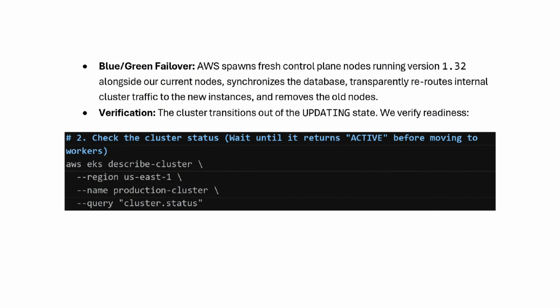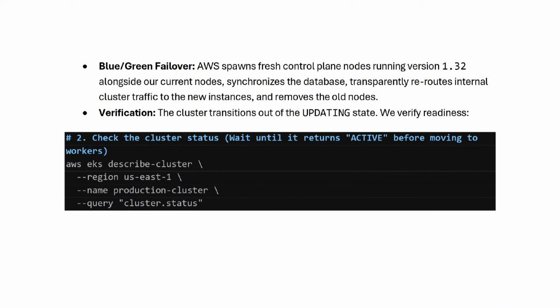Then it synchronizes all the database and information, and it transparently reroutes the traffic to the new instance with the new version of 1.32, and it removes the old nodes. It happens quickly in the background and it almost gets unnoticed, but this is what happens in the background.